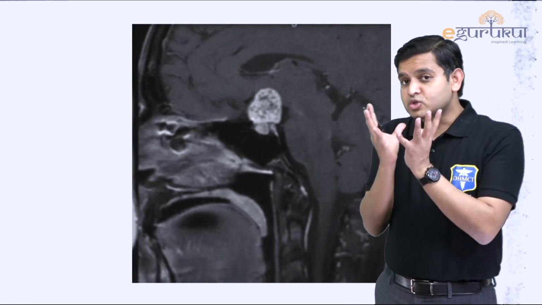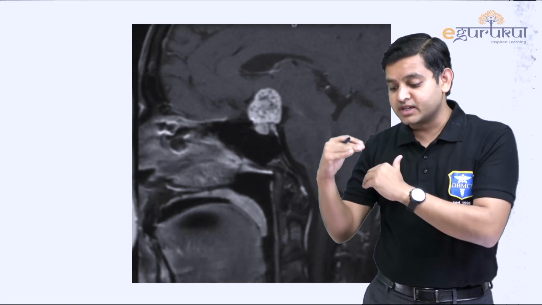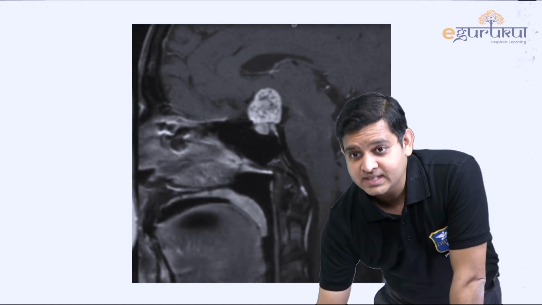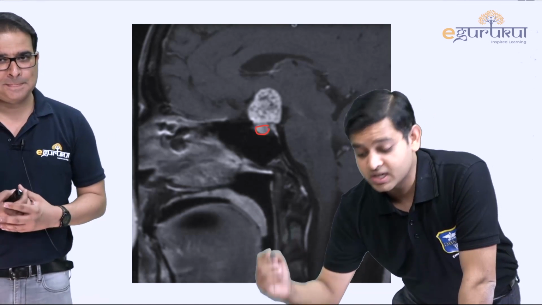Okay, so we know a suprasellar cistern, and now let us see in a sagittal plane what is happening. We know that in a sagittal plane this is the pituitary gland, and what Dr. Ashwini just discussed, that it was just above the sella, and that is why this is called a suprasellar cistern.